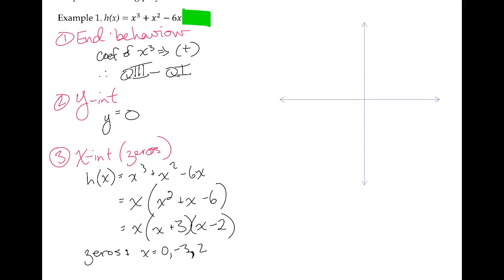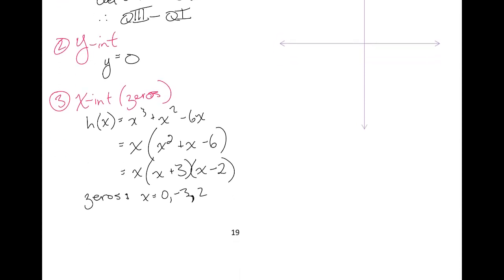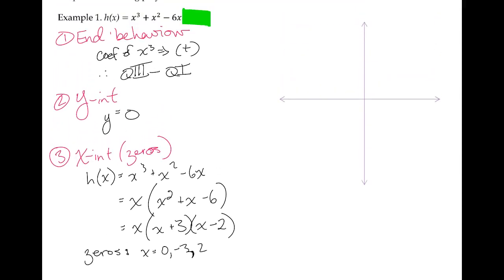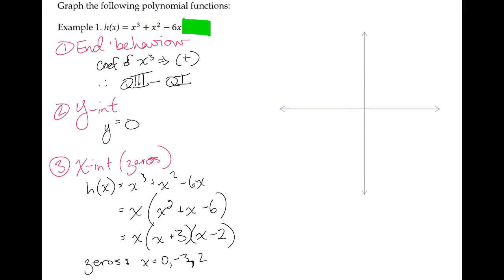Once I have my zeros and I know my predicted end behavior, I can guesstimate what things might look like. At this point, you are totally welcome to also do a sign diagram. But I can already predict my end behaviors are going to look like this because of that positive value and the fact that it's an odd degree.